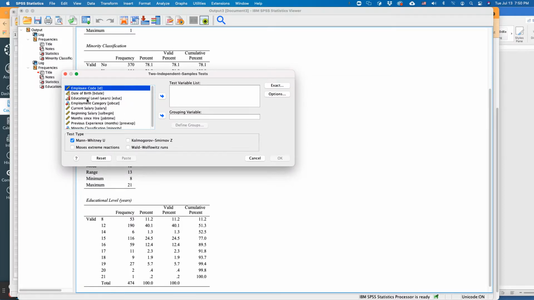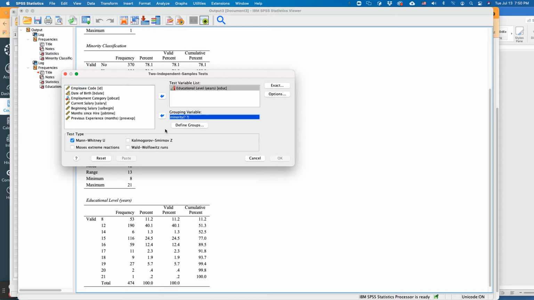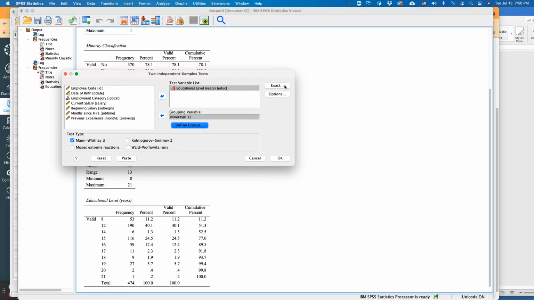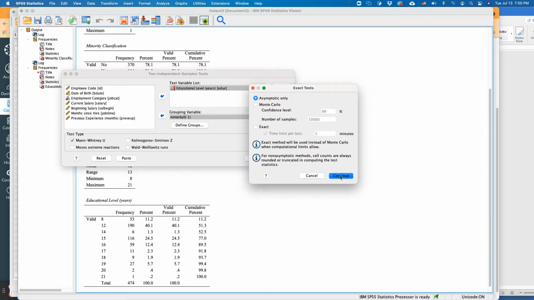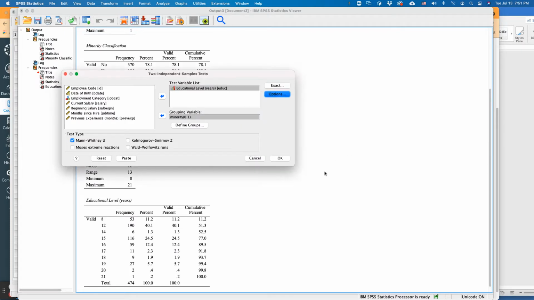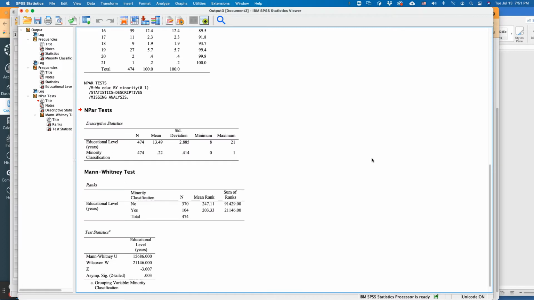So we're looking at educational level, and we want to see if there is any relationship with regards to minority status. So we have 0 and we have 1 for those two groups, and we want to make sure we get the descriptive statistics here for that, right? And yeah, then we do okay.